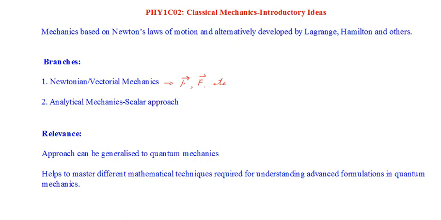So using vectors to describe a mechanical system has its own advantages and its own mathematical limitations. For example, if you use vectors, you are able to include more information regarding a physical quantity.